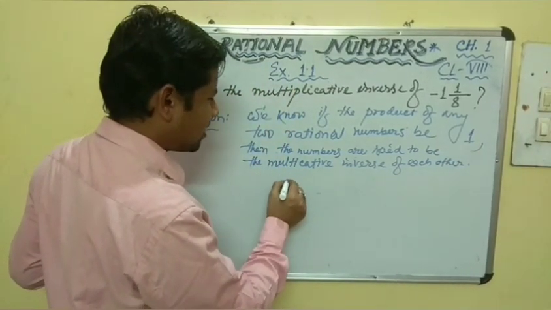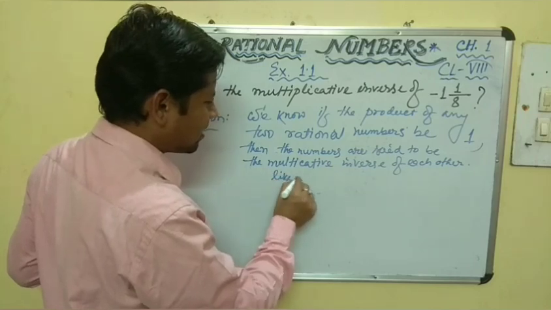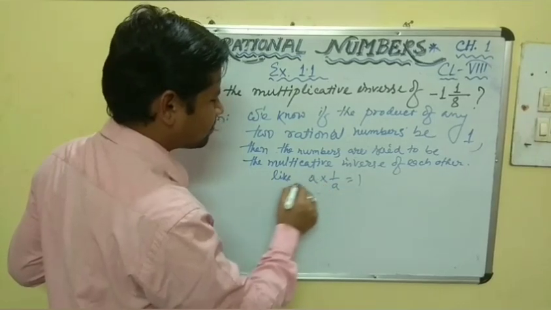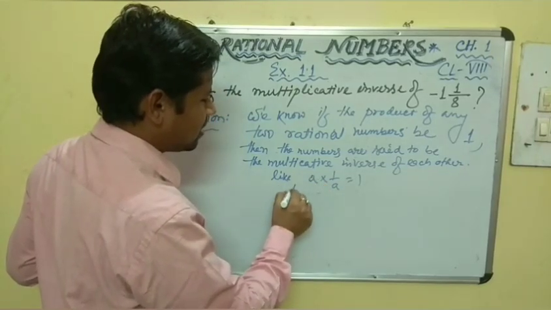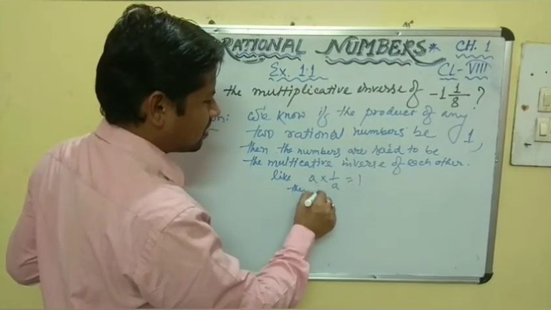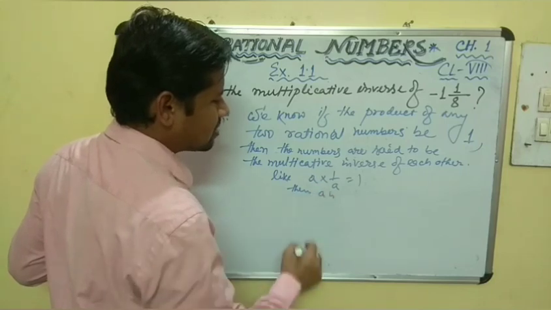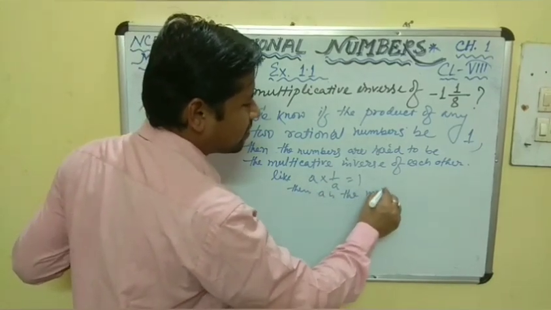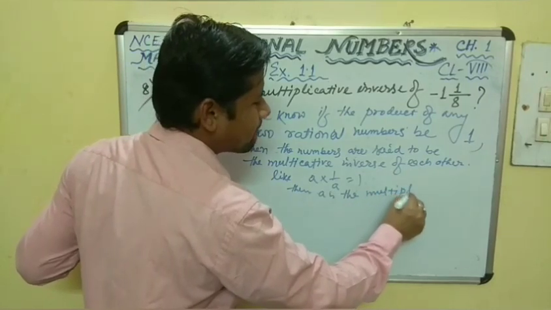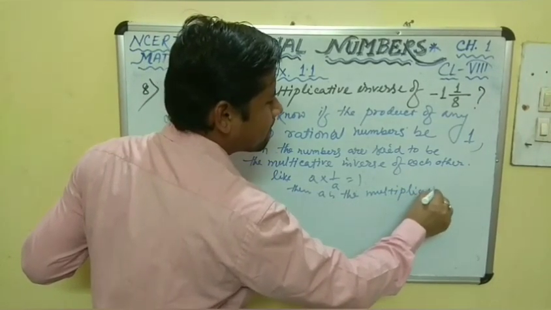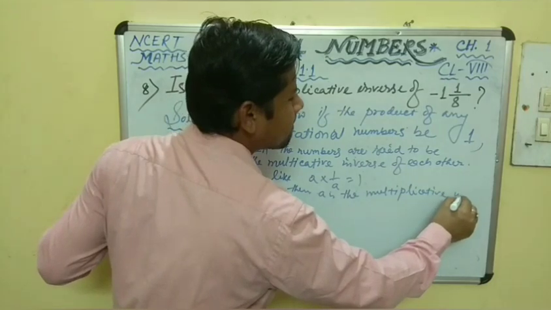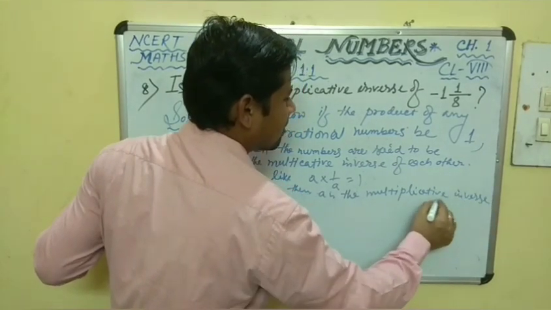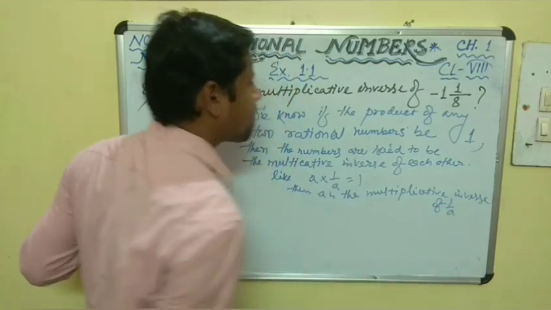How? Like a into 1 by a equals 1, then a is the multiplicative inverse of 1 by a.